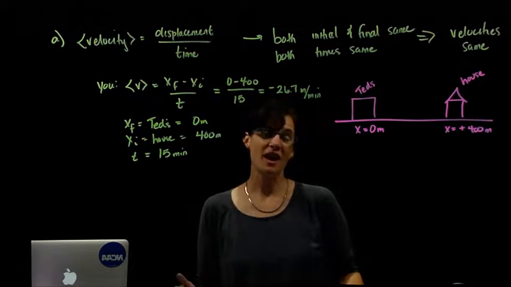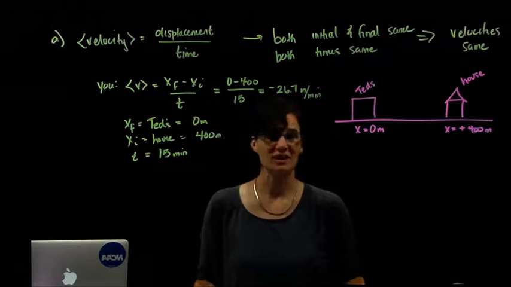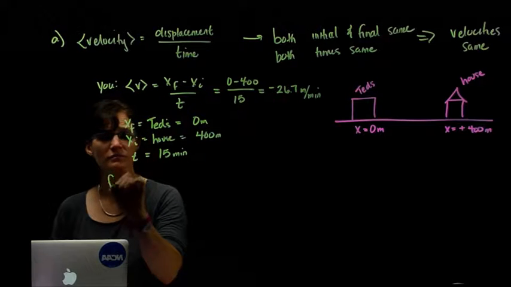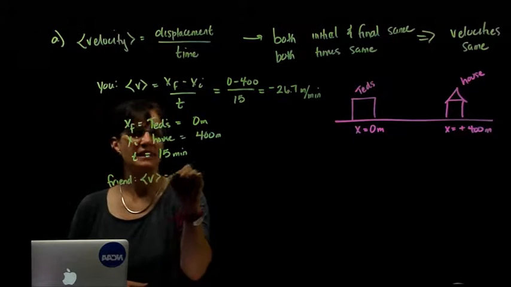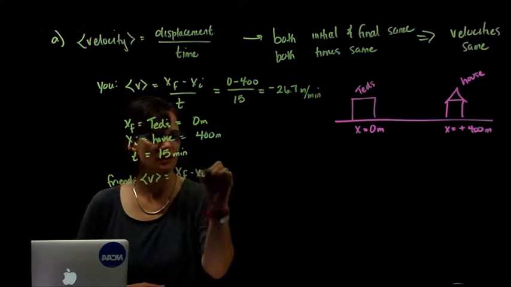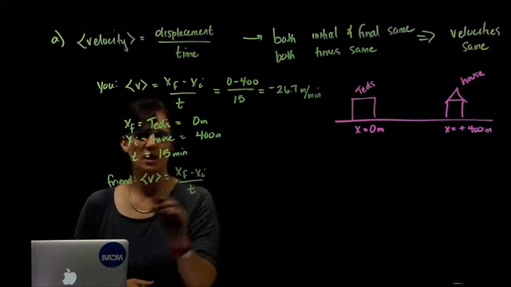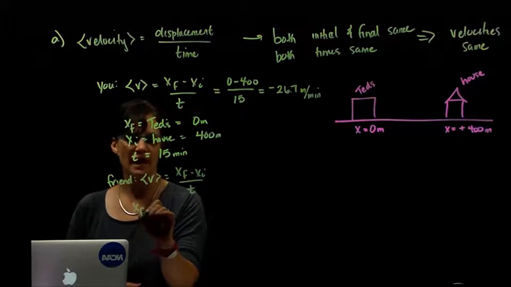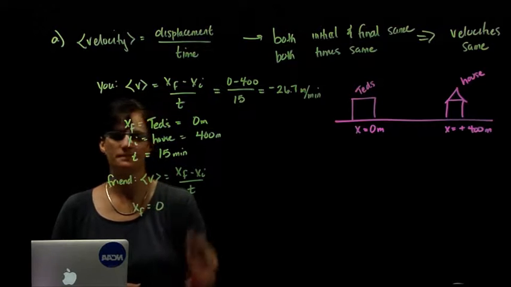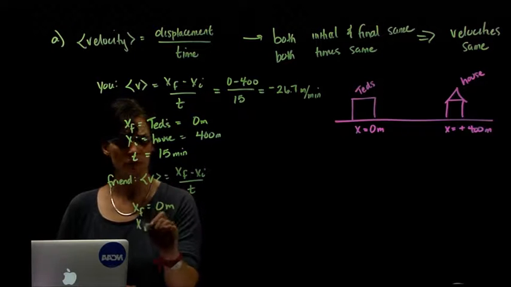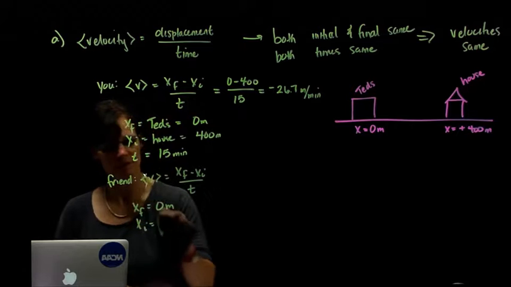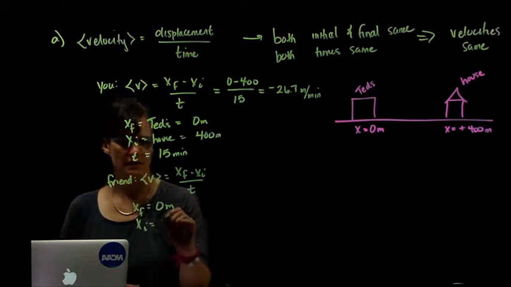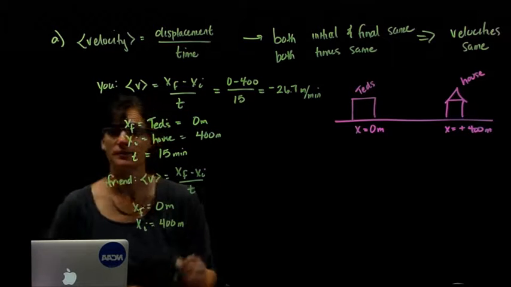So that's consistent with what I would expect. All right, well, we thought that our friend had the same velocity, so let's check it out. So if we look at our friend, well, the average velocity, again, is the change in position, our displacement over time. So where does our friend end up? Well, he ends up at Ted's Pizza. And where does he start? Well, he starts at our house, which is, again, at 400 meters.